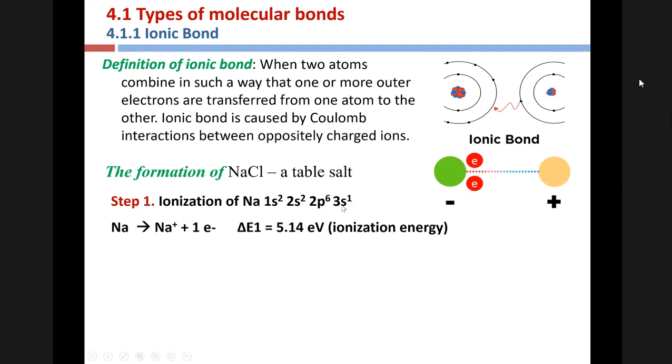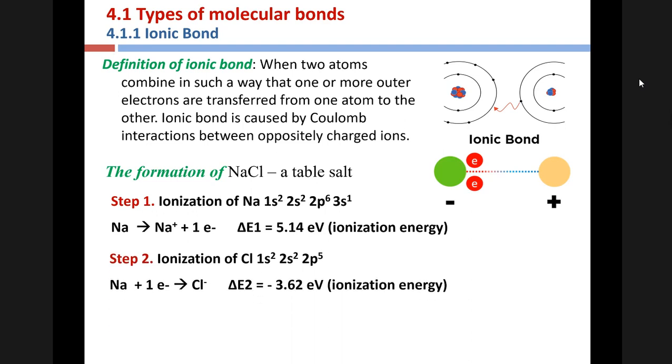So it's very easy to release that electron from the atom, and the atom becomes an ion. You have this equation, and the energy you need to supply is 5.14 electron volts, to get one electron far away.